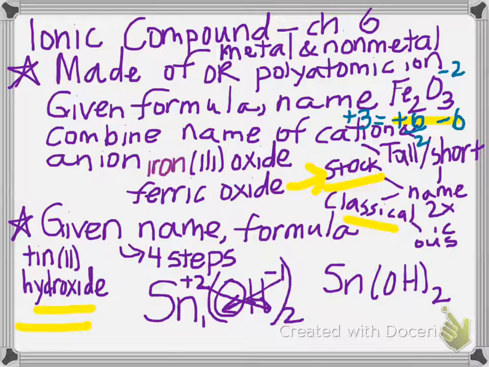And 1 to 2 is the lowest whole number ratio, so I leave it that way. The important part of this that we're going to be doing throughout this chapter is that you can identify whether a compound is ionic, and mostly you'll be given a formula and asked to write a name. So if you're comfortable with that, you'll be okay.